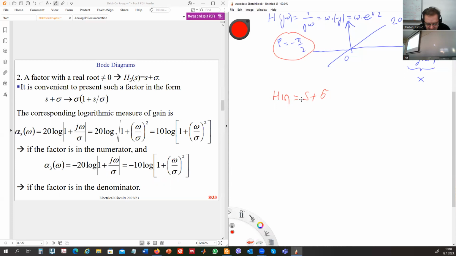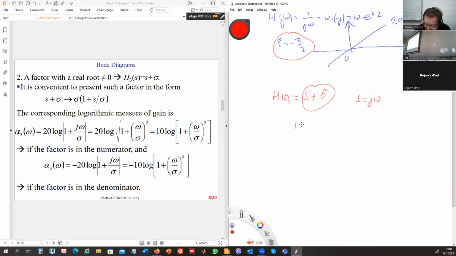So how can we plot using Bode S plus sigma? Again, S equal to j omega, and then alpha, and then you see this here. We can concentrate only on the numerator, like this.